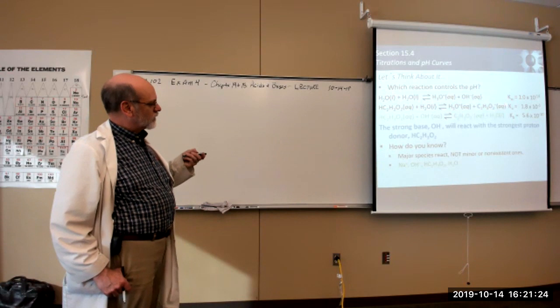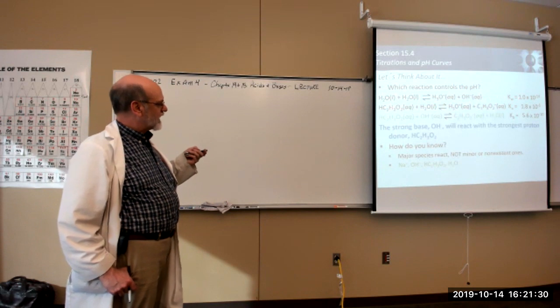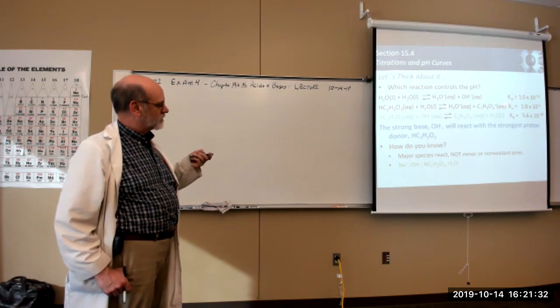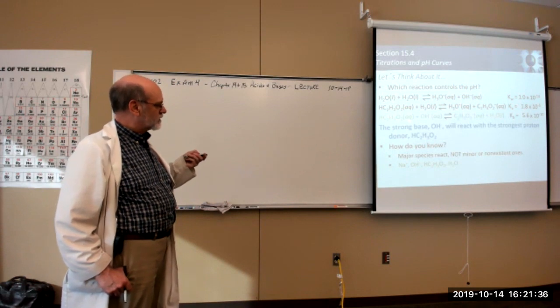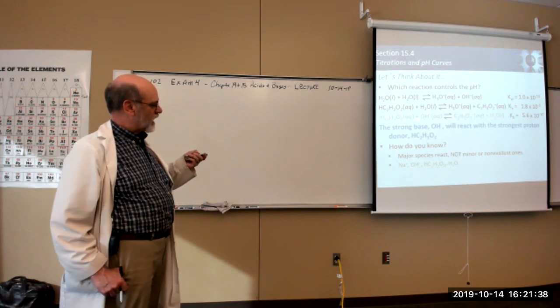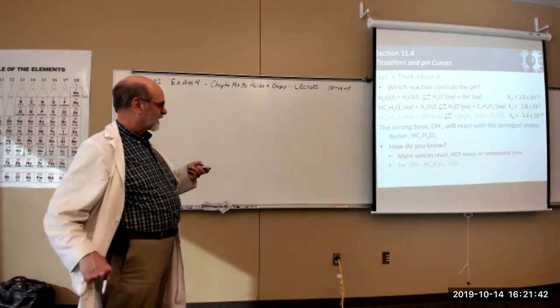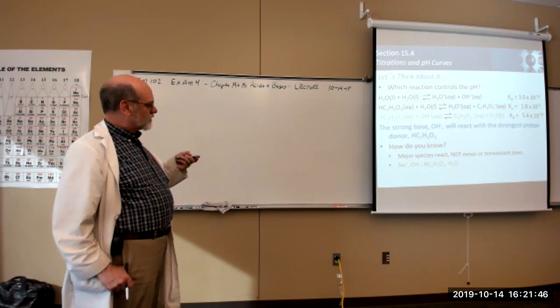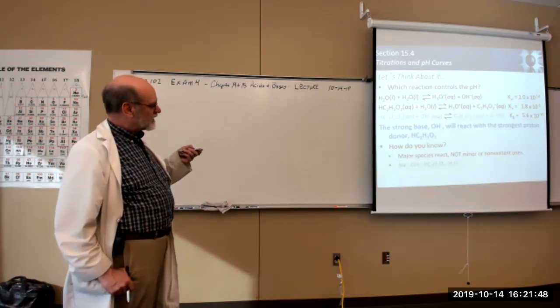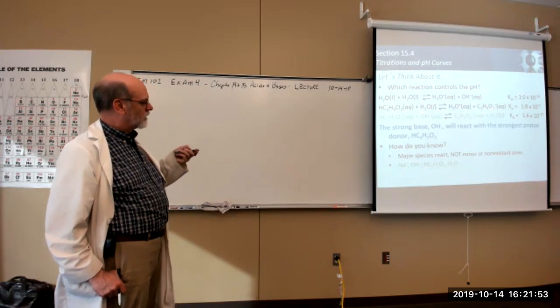So there's the Kw for water. There's the Ka for acetic acid, right? And here's the Kb for this reaction. So what this says is acetic acid is a strong proton donor compared to this one.